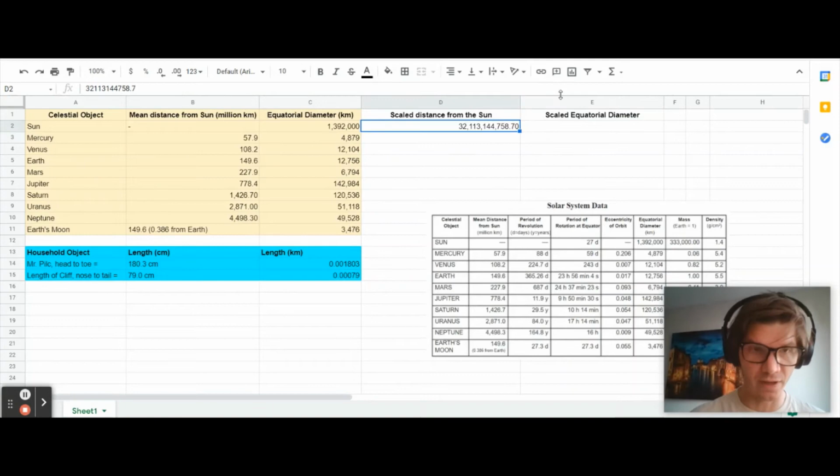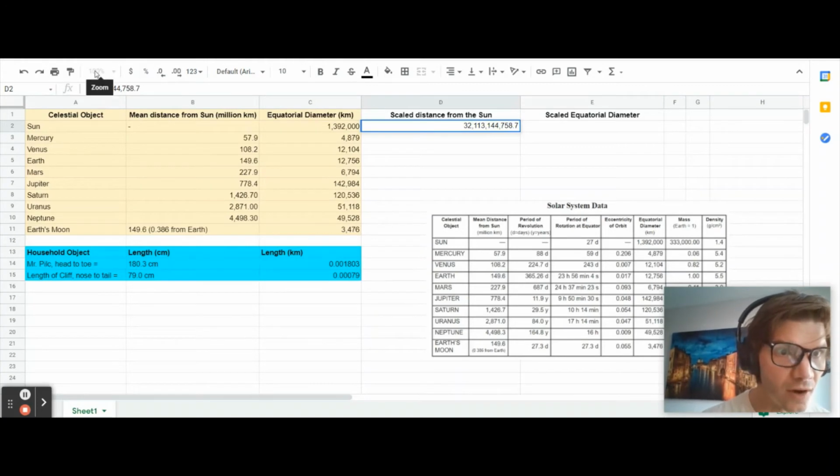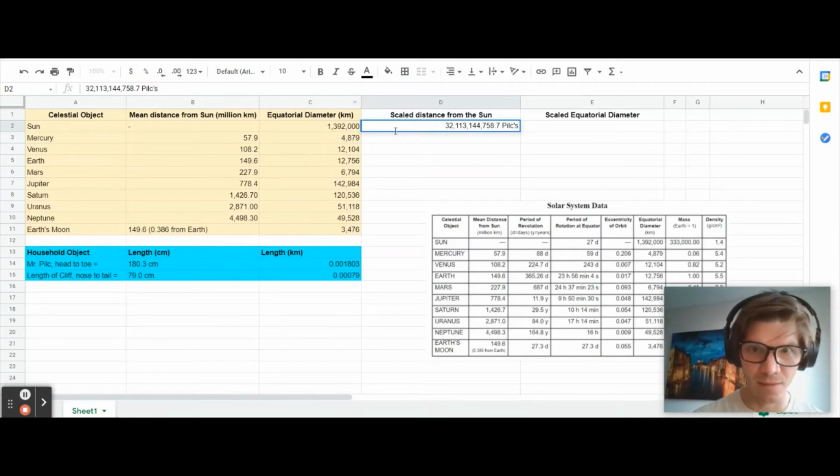So Mercury is, I don't even know what this number is. That's a lot. But there are 32 billion 113,144,758.7 between Mercury and the Sun.